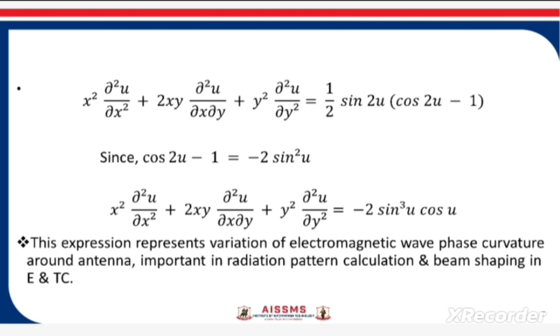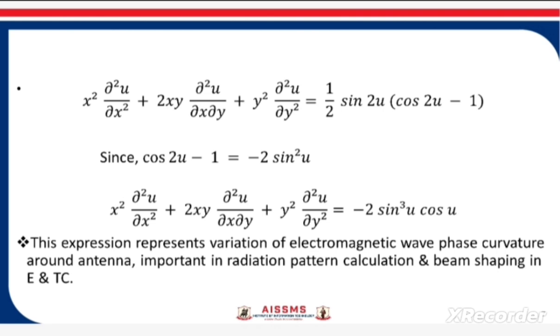Again we use a formula: cos 2u minus 1 is minus 2 sine square u. So the expression equals minus 2 sine cube u into cos u.